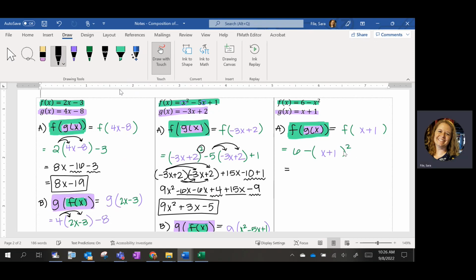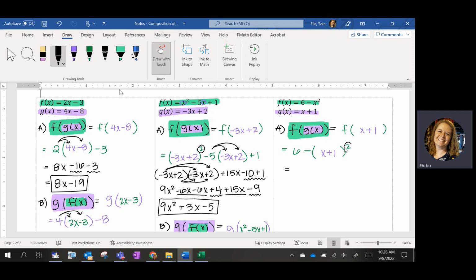It's not distributing yet. That negative is going to have to be distributed, but what do I have to do before I multiply? What comes in your order of operations, PEMDAS, before multiply? Distributing is multiplying. Parentheses. No, there's nothing inside the parentheses to do. So what's after parentheses?